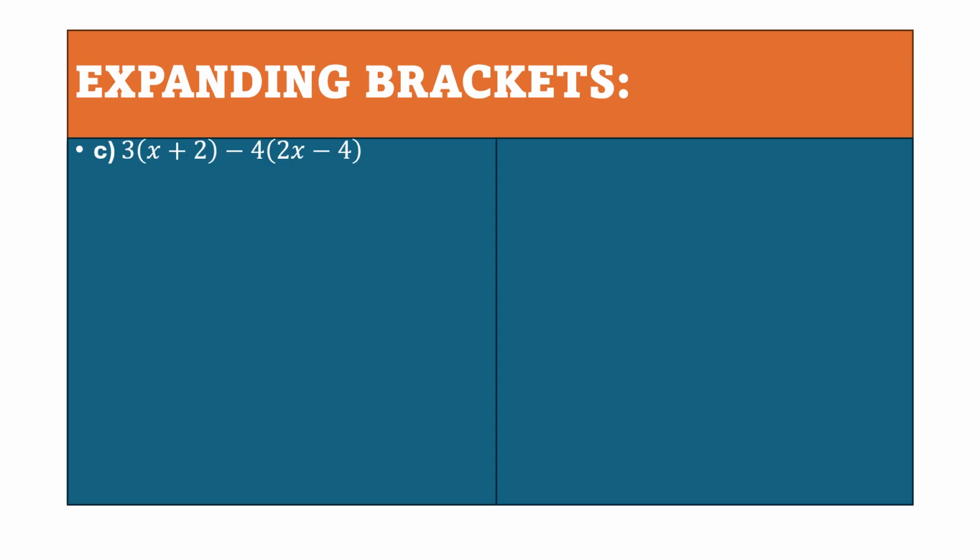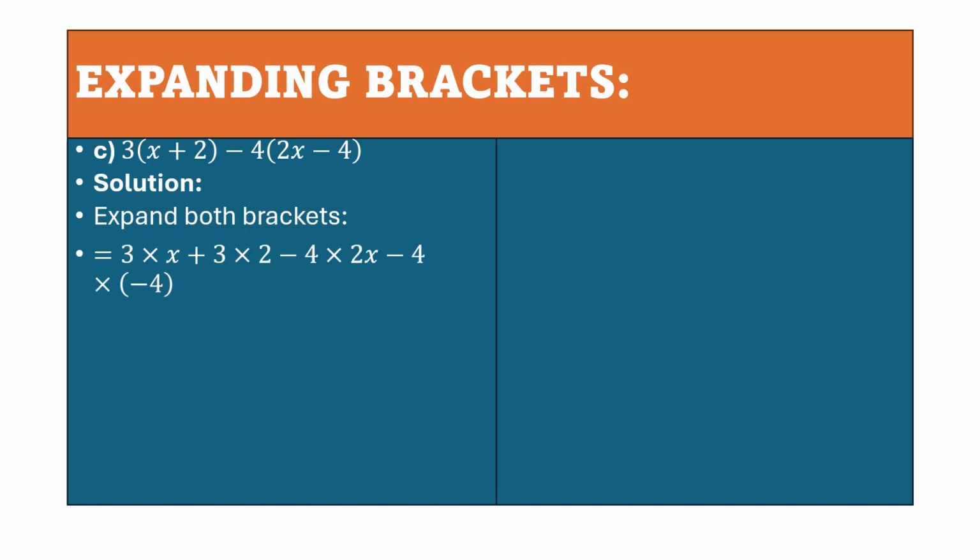Let's understand more questions. Now here you find there are 2 brackets with 2 different terms. So what is the method as I told you in the previous question? You need to multiply. Let's take one bracket at a time. So 3 multiplied with x, the number which is outside will be multiplied with the number which is inside.